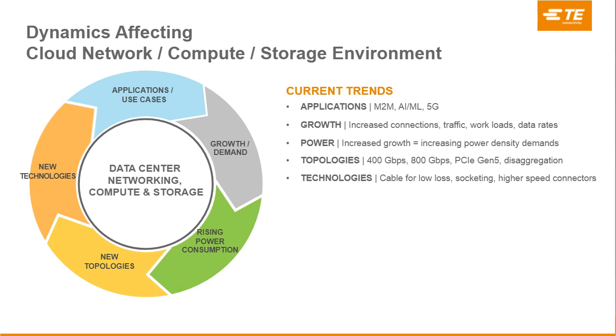They stretch the limits of data rate and density. The slowing of Moore's law means that switching architectures are becoming more power hungry and thermal challenges begin to dominate the landscape. Here's another place where you'll hear more from the team on how TE is handling some of those challenges later.